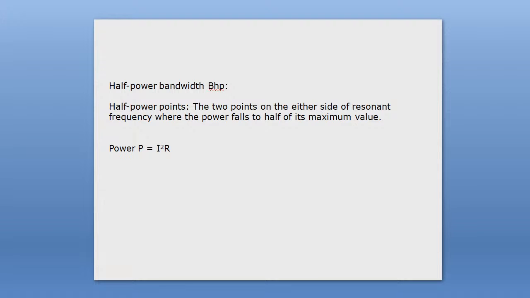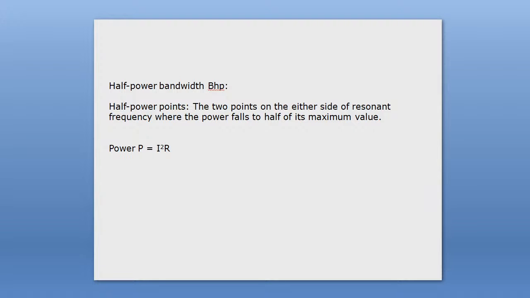The half power points are the points on either side of the resonant frequency where the power of the circuit becomes half of its maximum value. If the maximum value is P max, at this point the power will be P max by 2.